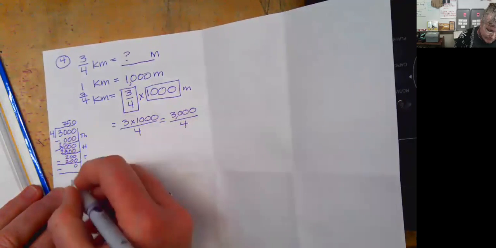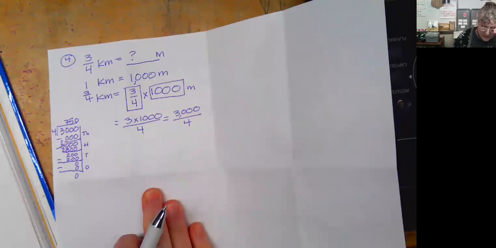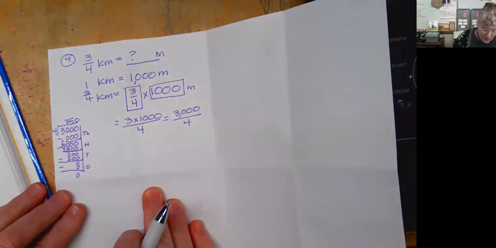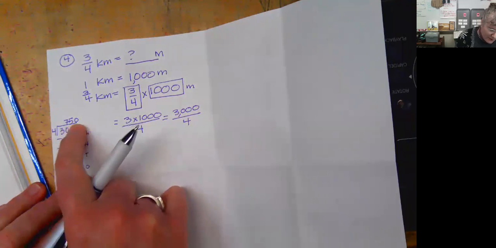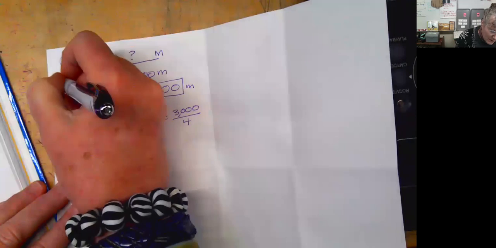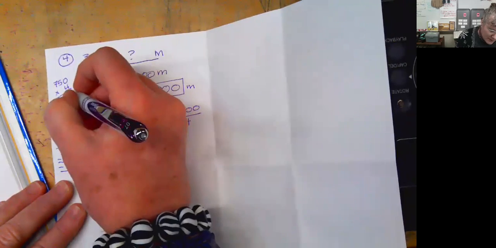And I end up with 750 as my answer. Remember, if you aren't sure about dividing, you can always multiply 750 times 4, and that should tell you 3,000. So I'm going to try that.